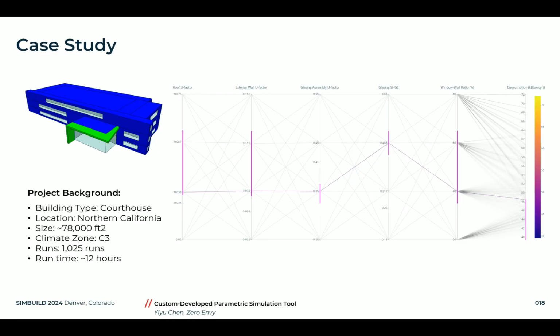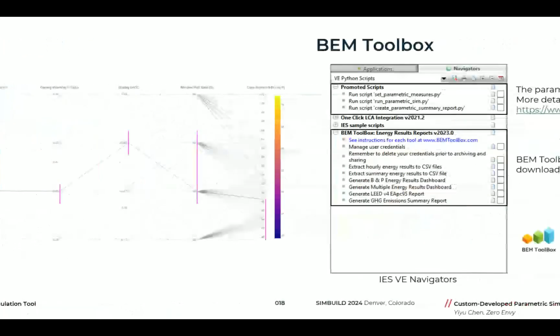So this is eventually what we presented to the architect, and they were very happy with this result. So the whole point of this study is to show you how we were able to utilize our parametric tool to perform envelope optimization and bring the project back on track.